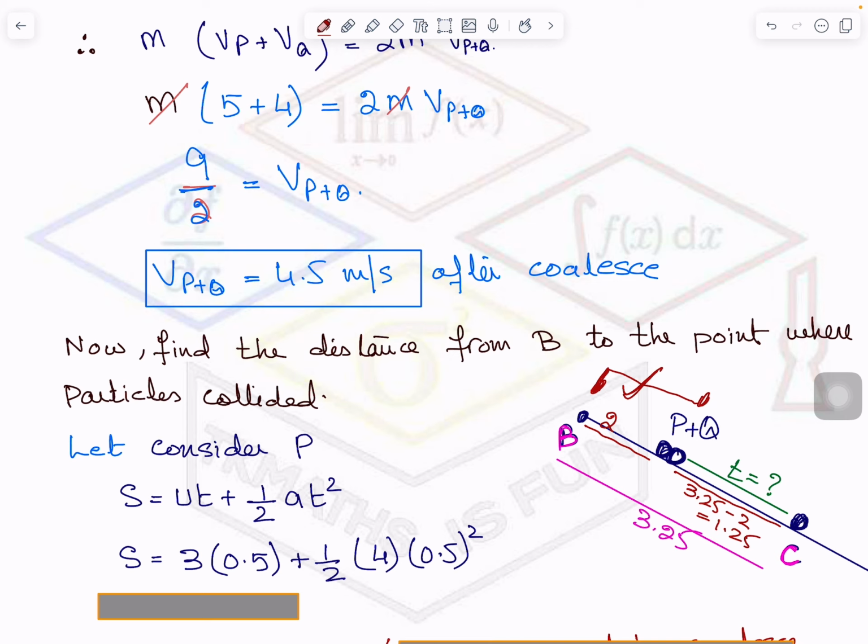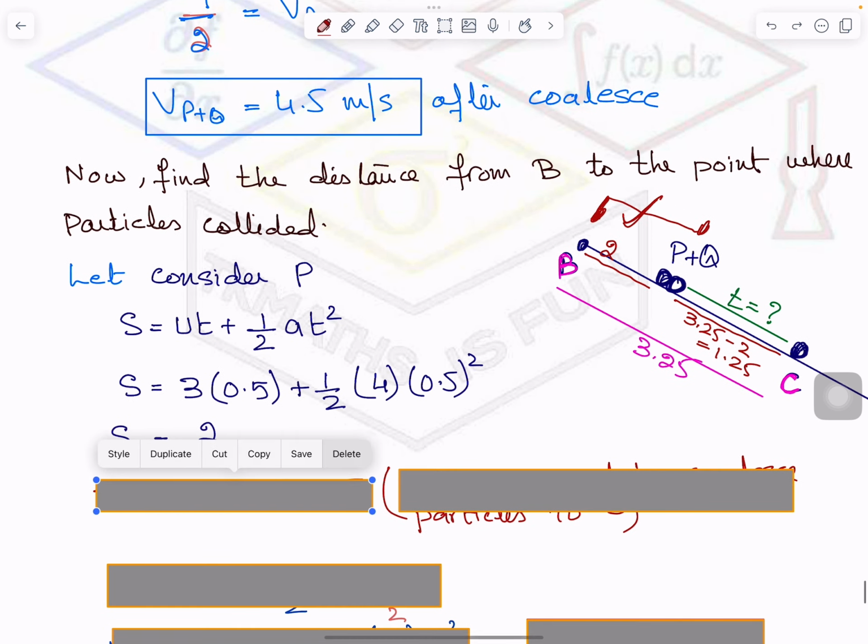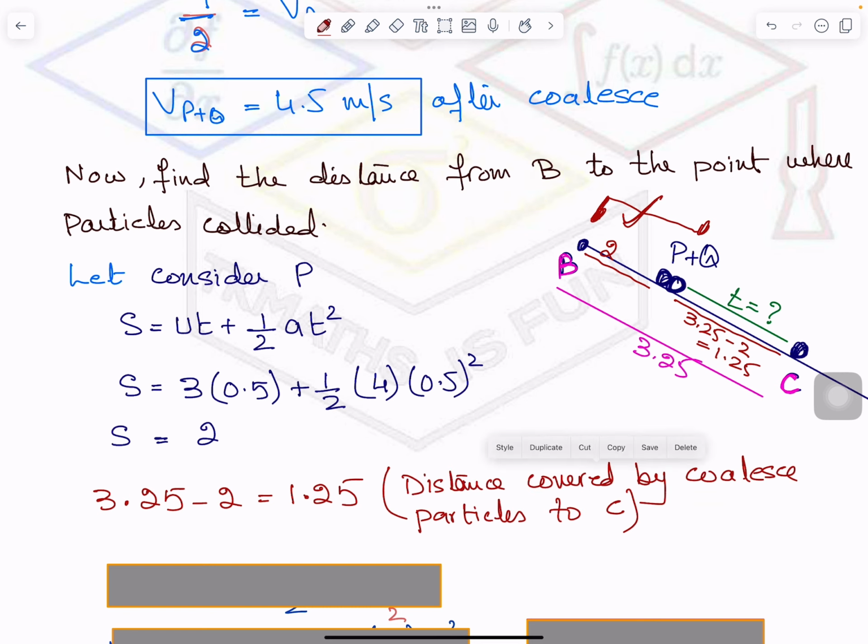And the acceleration was 4. So this helped me to calculate the distance, which is 2. The actual distance was given to you as 3.25. I will subtract 2 from it. So I will get 1.25.